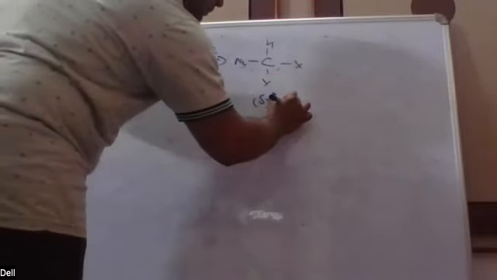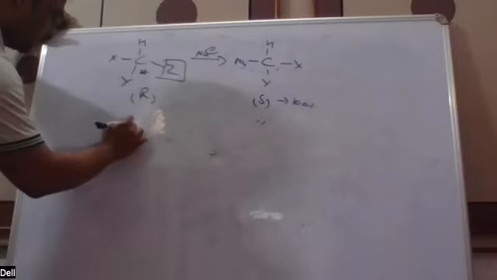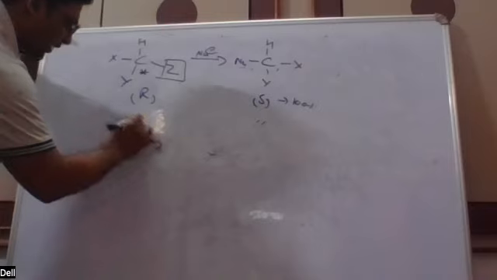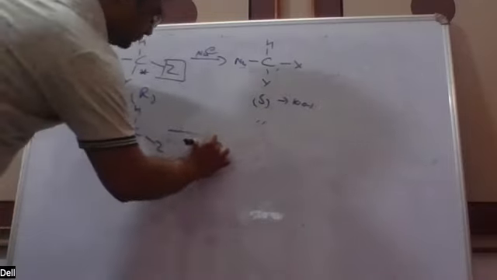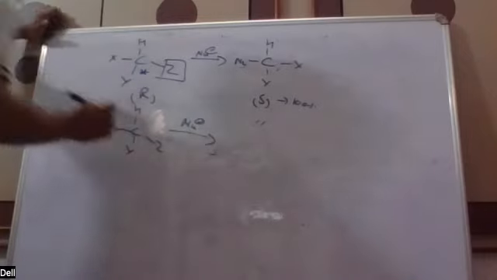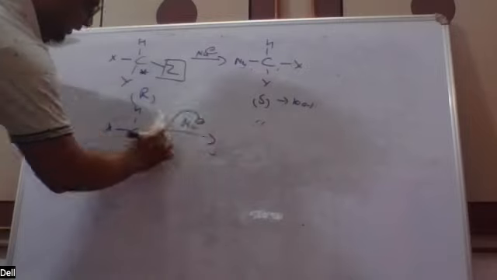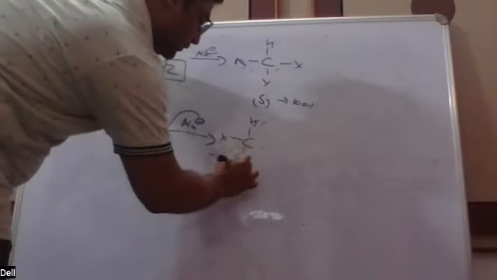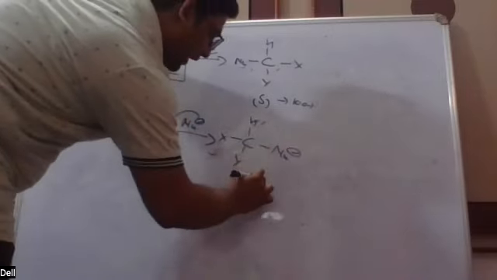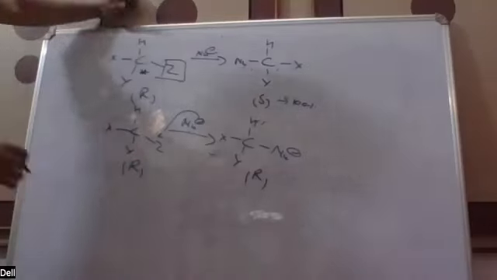But in the SN1 reaction, with the same substrate, the nucleophile attacks from the intermolecular face, so we can say there will be 100% retention of the configuration, and we will get the R configuration only if the priority order remains the same. So this is the main difference between SN1 and SN2.